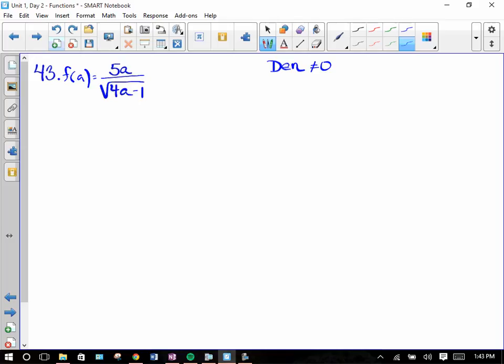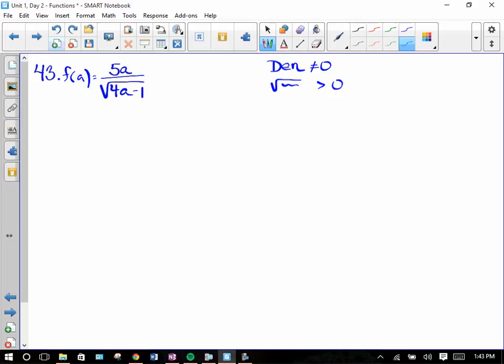However, the square root can be greater than or equal to 0. But we just said it can't be equal to 0, right? Because this square root's in the denominator. So this square root right here has to be greater than 0. It can't actually be 0 in this case. Because it's in the denominator. Okay, so it has to be greater than 0.